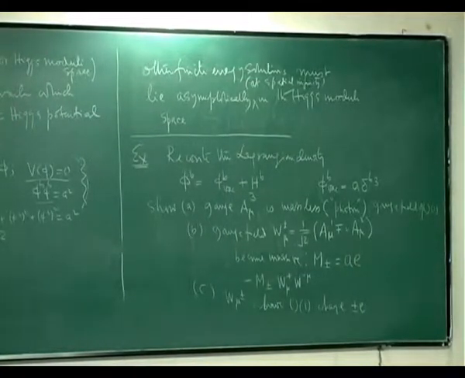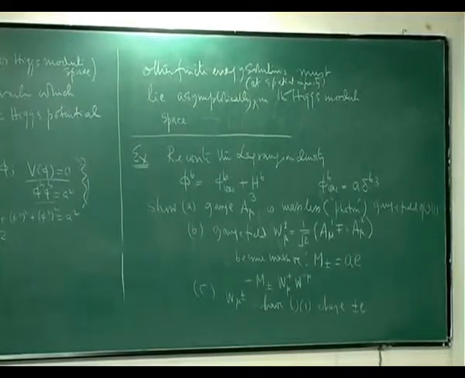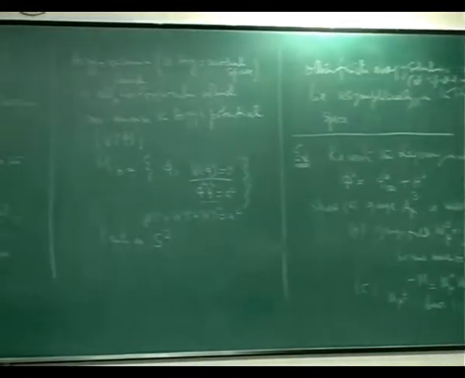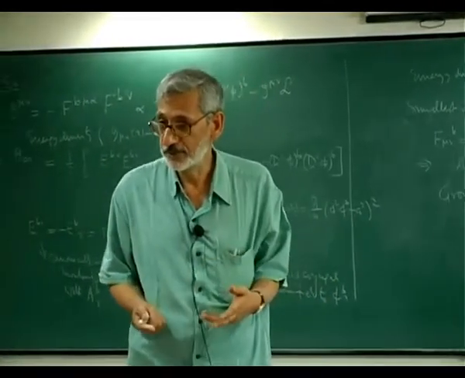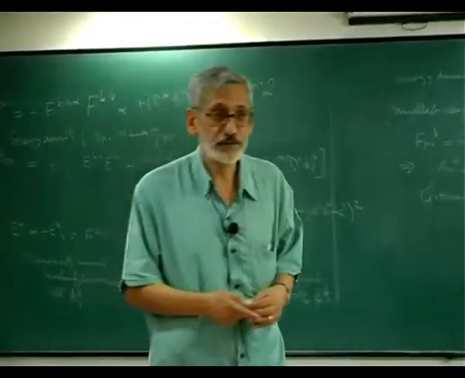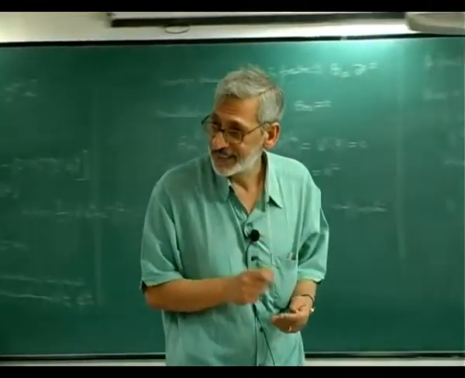How do you find out what the charge is? You find out through finding out how it couples. W mu plus minus couples with the photon, because charge is measured by the strength of the coupling.